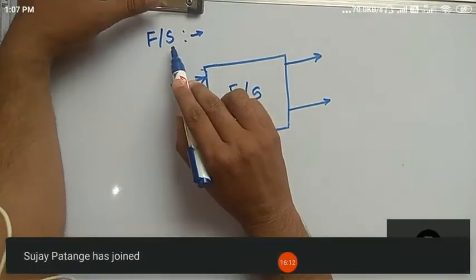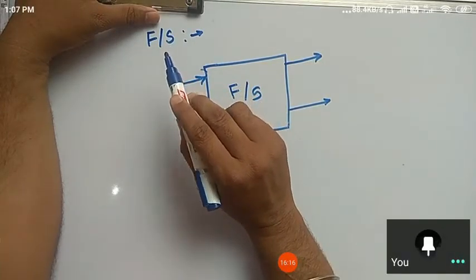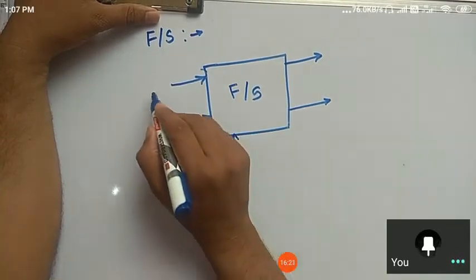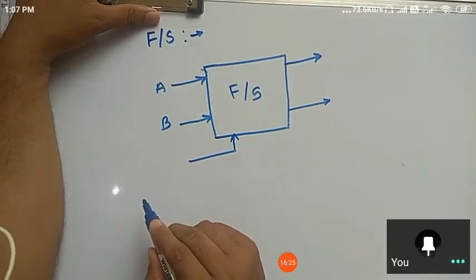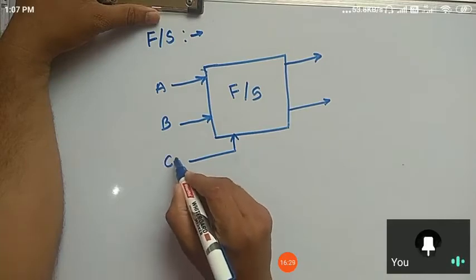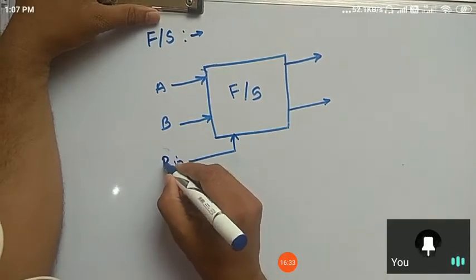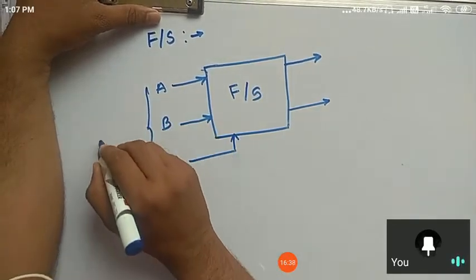A full subtractor is a combinational logic circuit which computes the difference of subtraction between three binary inputs, right? So A, B, and suppose I am now noting it as B in, that is borrow in. So there are three inputs.